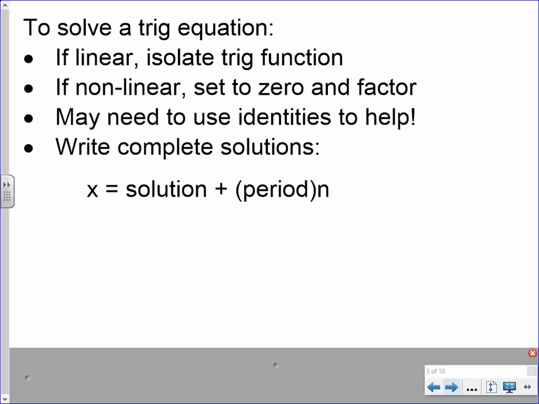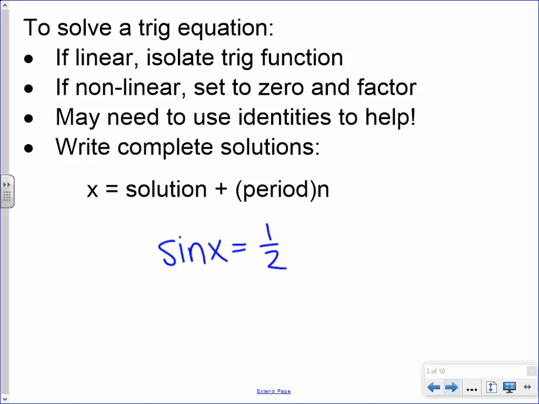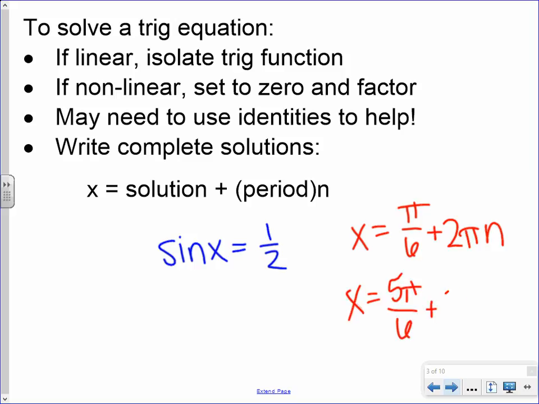So if we talk about sine of x equals 1/2, then we would write our answers as x equals pi over 6 plus 2 pi n, and x equals 5 pi over 6 plus 2 pi n. We would give the two answers and then add the period times n at the end.